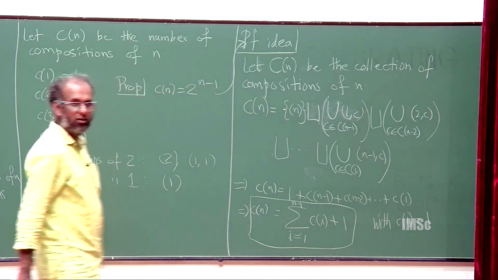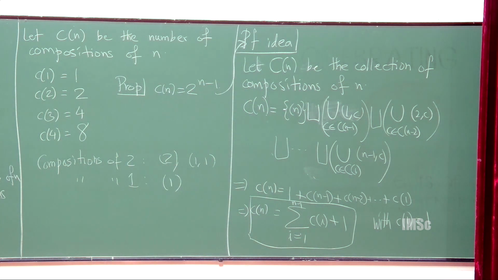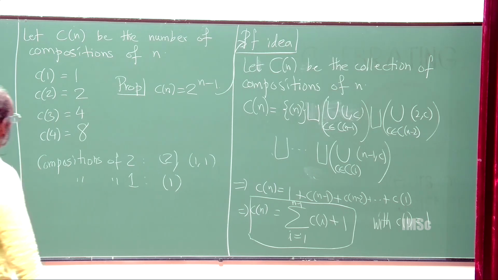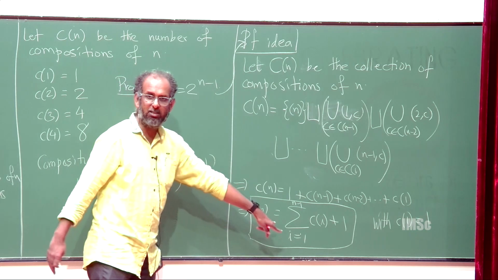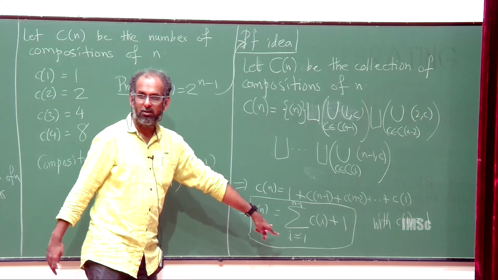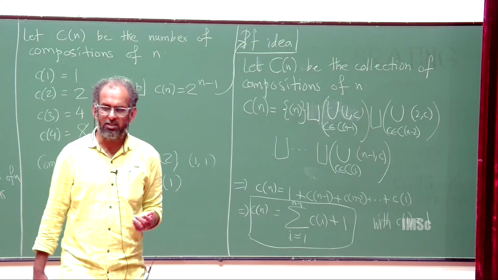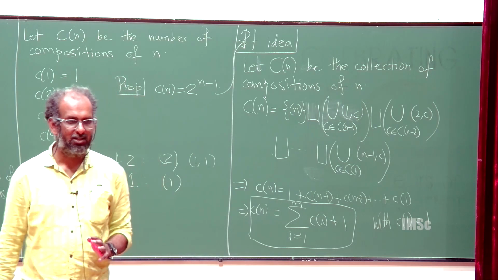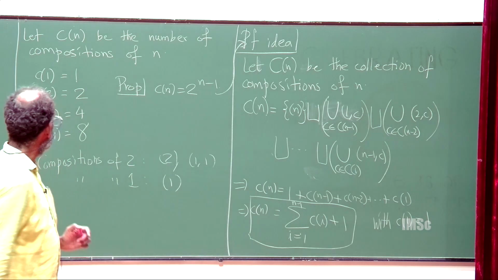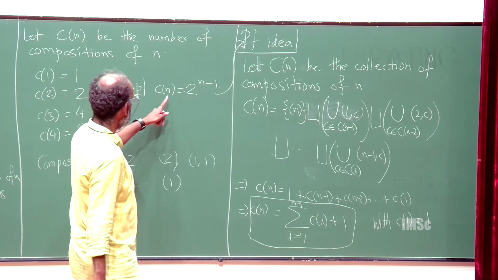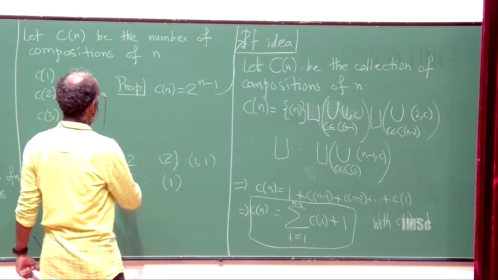Once we have c of 1, I can use this to get c of 2, and then c of 3 and so on. Now is it clear that this satisfies this? Has everybody seen geometric series? So then the proof is just to check this by induction.